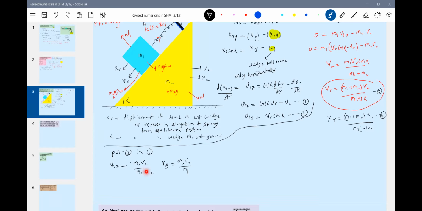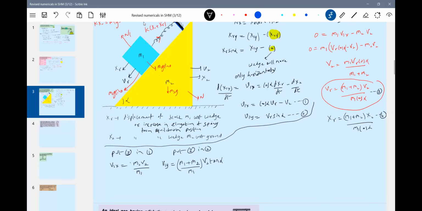V1Y is M1 plus M2 by M1, V2 tan alpha. Yeah, put 3 in 1, put 3 in 2.